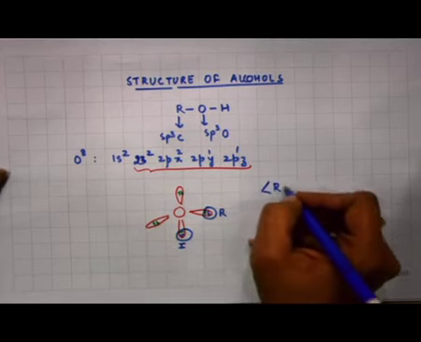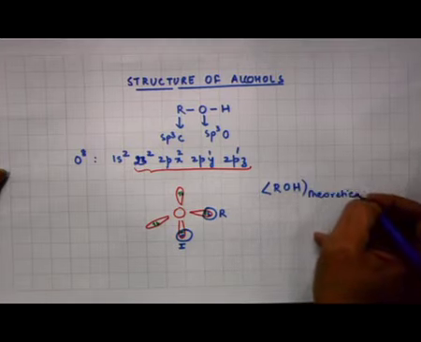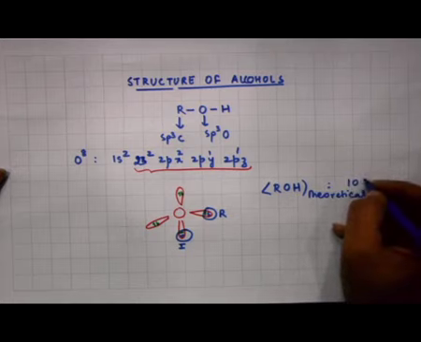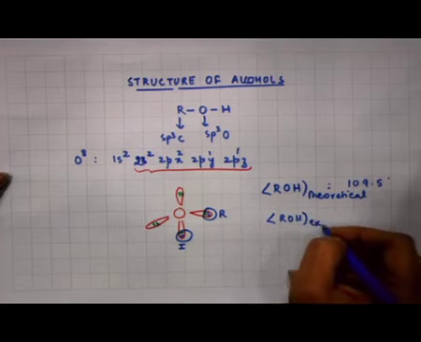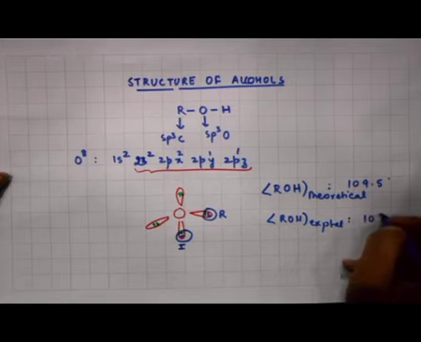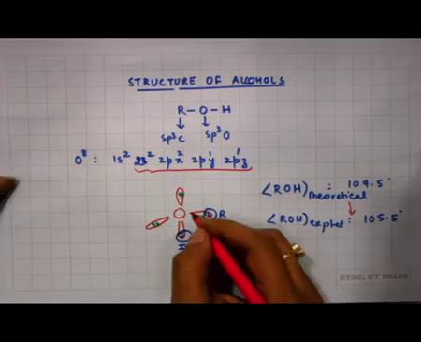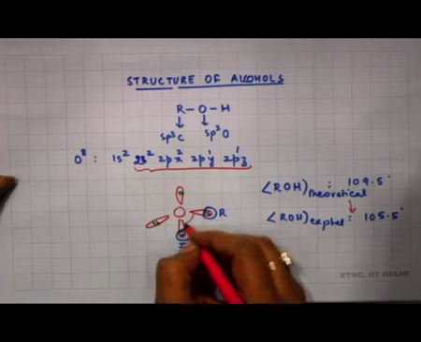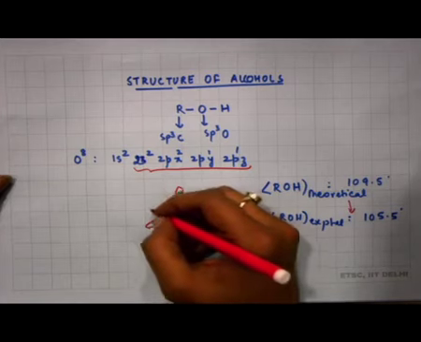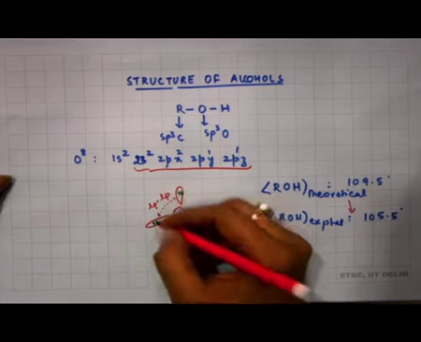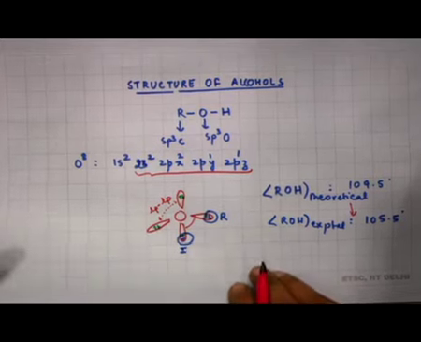Theoretically, the ROH bond angle is expected, by virtue of the tetrahedral structure, to be 109.5, but experimentally this angle has been found to be close to 105.5 degrees. This decrease in the bond angle from the theoretical to the experimental value can be seen in terms of the 2 lone pairs available on oxygen; by virtue of this lone pair repulsion, the ROH bond angle squeezes and we see a lower experimental angle.